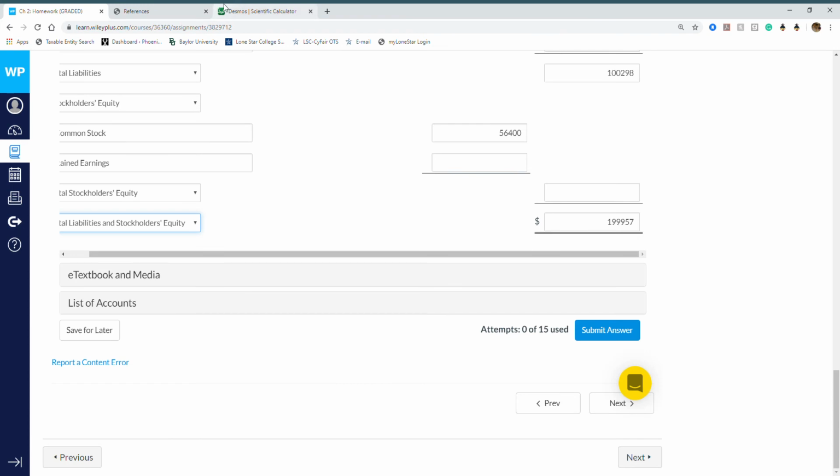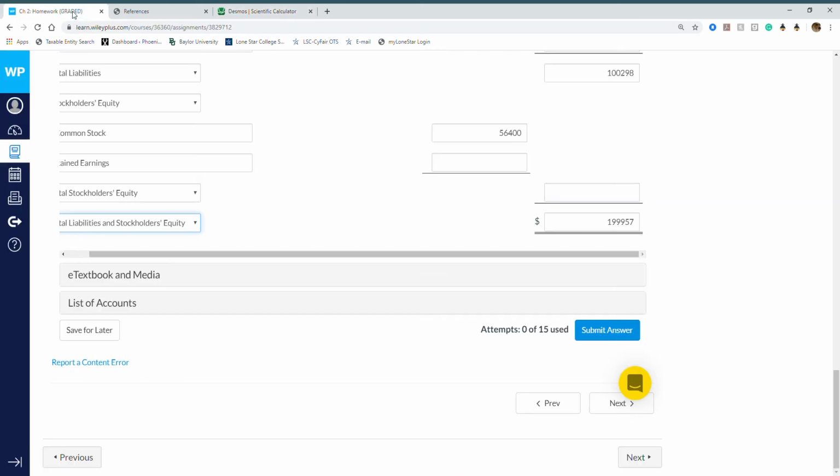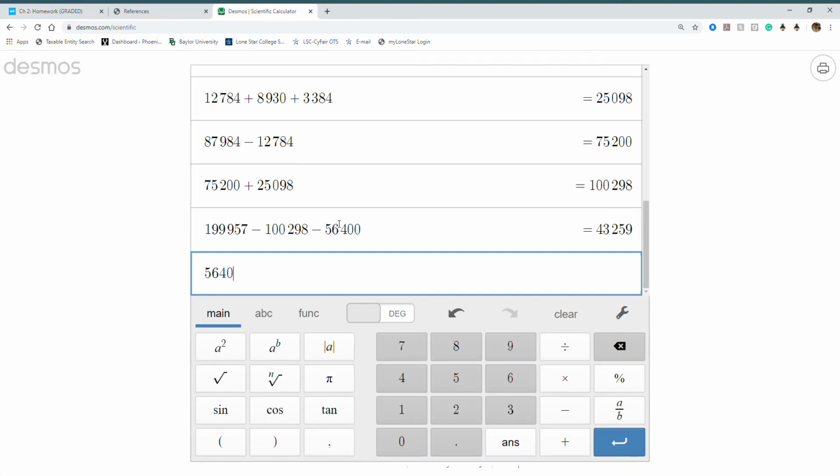Take this 199,57, minus 100,298, and minus 56,400. So retained earnings is actually 43,259. Then all we do is add those two together. $99,659.